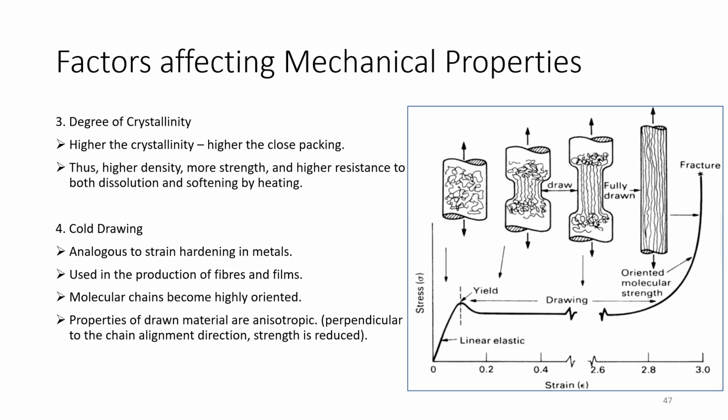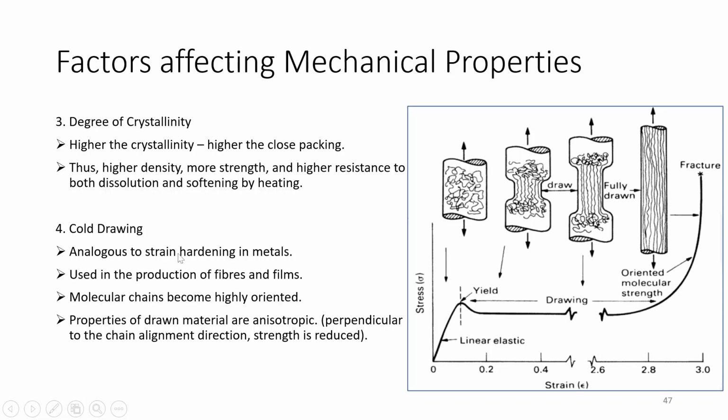Next is cold drawing. It is analogous to strain hardening in metals, and it is used in the production of fibers and films. After yielding, your material undergoes this drawing phenomenon, and before fracture it keeps on elongating.